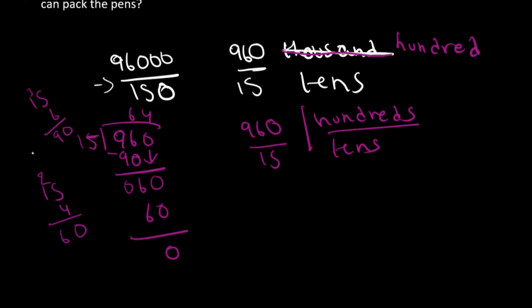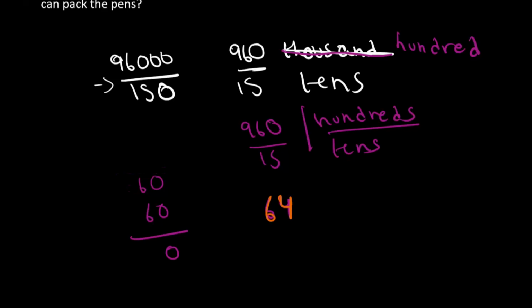So, as you can see, our answer for 960 divided by 15 is 64. I'm going to change the color. 64. Okay, and if you don't mind, I'm going to erase this. Alright, so we have 64.